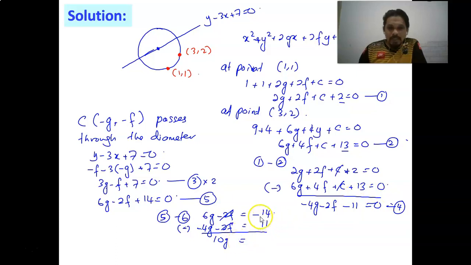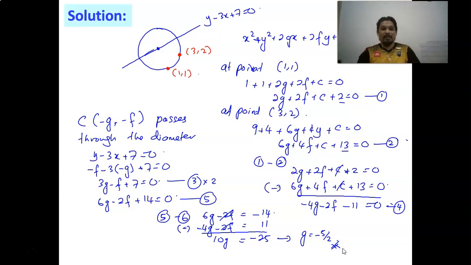So then negative 14 minus 11 is negative 25. So then g equal to negative 25 divided by 10, which is negative 5 over 2.